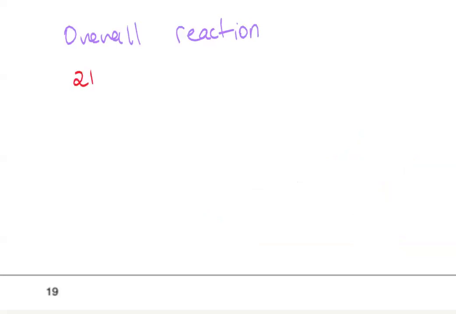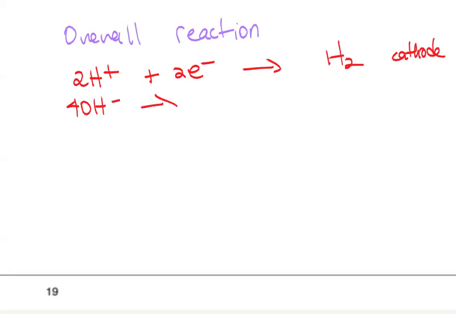So I have these two equations. To form H2, this is taking place at the cathode. This one is taking place at the anode, with 4e. Here's what I want to do. I want to figure out what is happening overall in here.